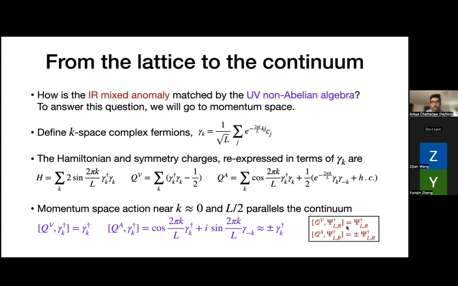And these reflect the action of the axial and vector charges in the continuum, where QV acting on psi dagger, both left and right, just gives you +1 times psi dagger left or right. Whereas the axial charge gives you a plus or minus sign, depending on whether it's a left mover or a right mover creation operator. Those correspond to k equals 0 and L over 2, as we discussed before. And so these plus or minus signs are exactly how the axial charge in the continuum acts on the fermion creation operators.